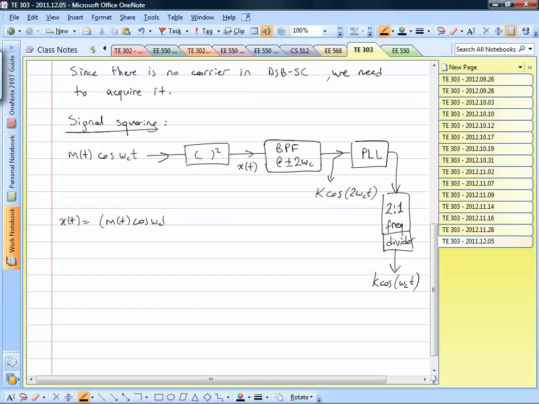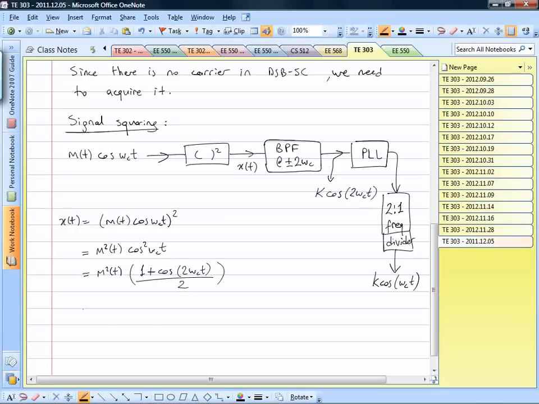Cosine omega ct squared. So if you open this up, what you get is m squared t cosine squared omega ct. Now this one, cosine squared omega ct, can be written as 1 plus cosine 2 omega ct divided by 2.